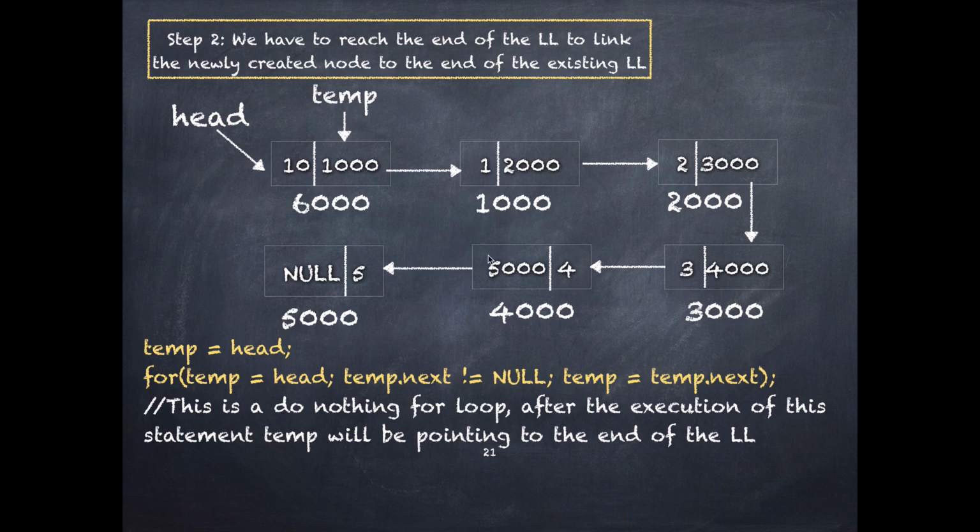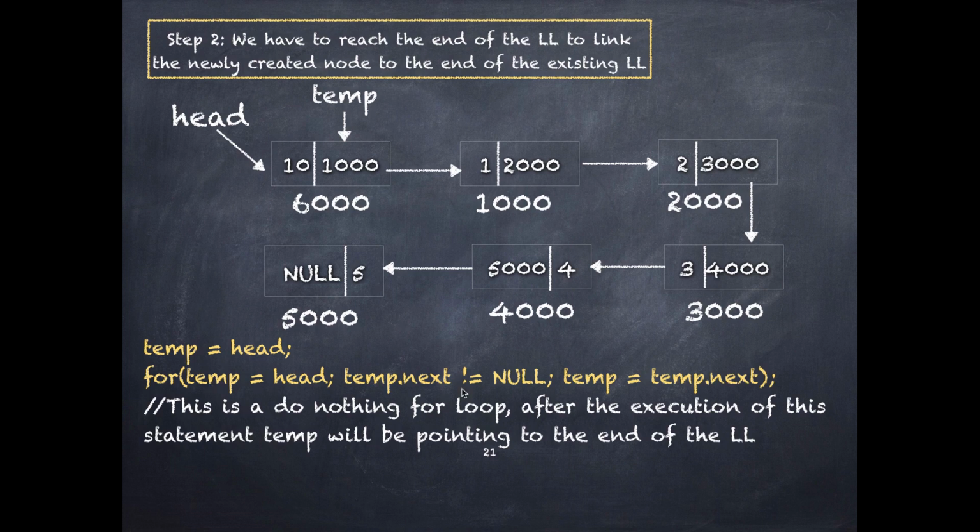Again temp dot next not equal to null. Yes, the condition is true. So it again jumps to the next node. Now again it checks temp dot next not equal to null. The condition is false, right? Now temp dot next is equal to null. Clear? So the condition is false and it exits the for loop.